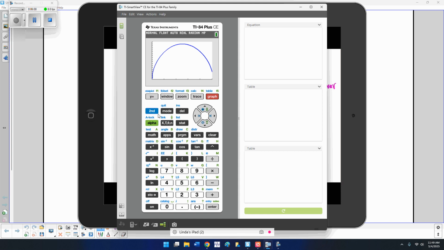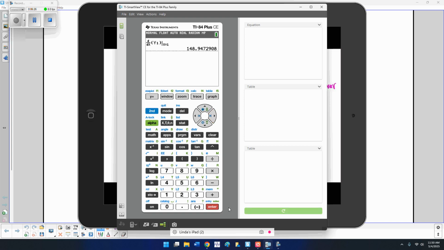Hopefully my calculator is showing up here when I do this. So just how to do that again. I want the derivative of what I have in my y equals. So I'm going to go with math 8 for numerical derivative. I'm going to put x, then what's in my y1 here, and then we're going to plug in 1.